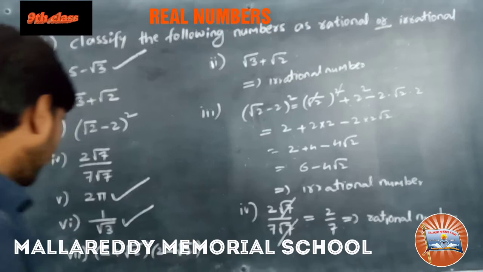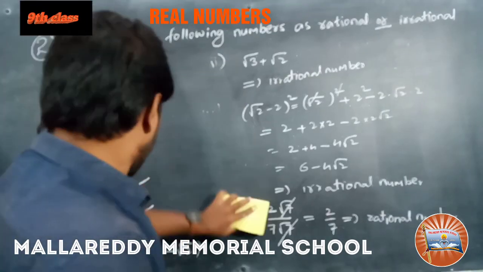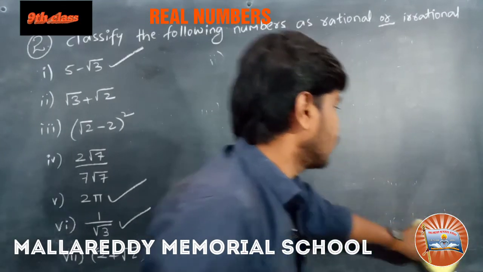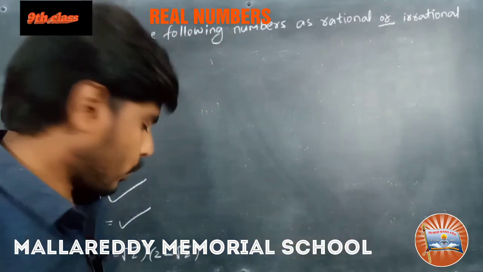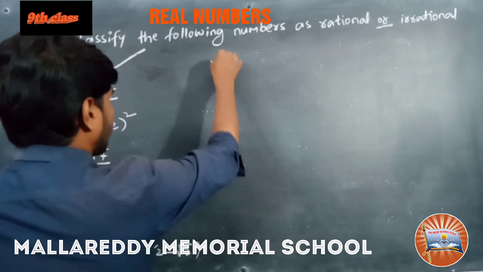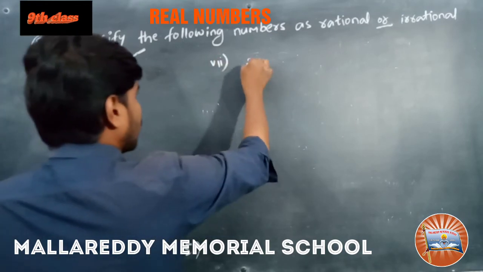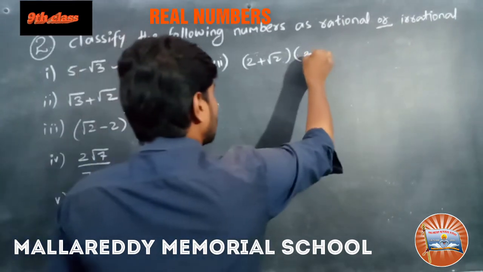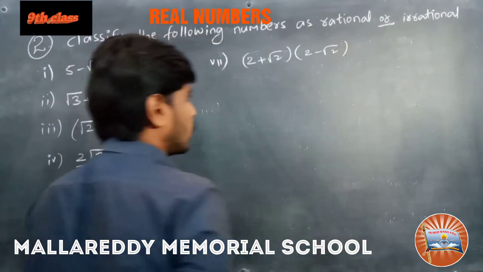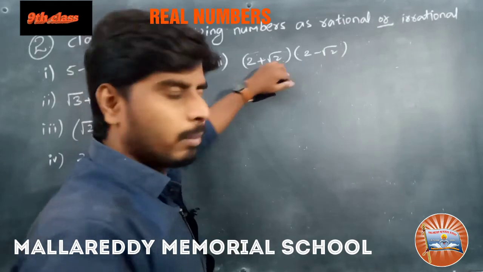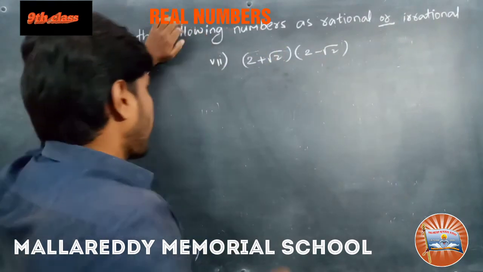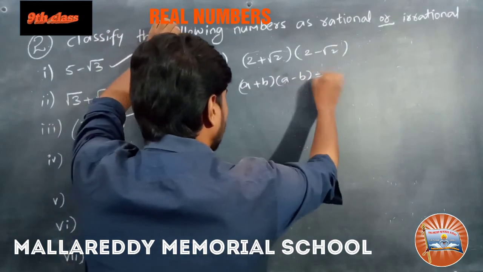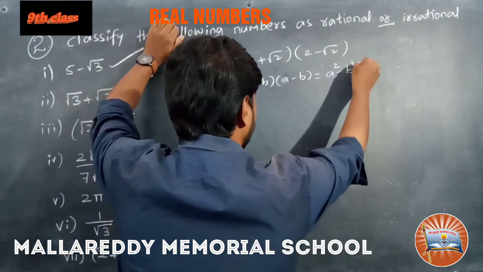Next, the final one, the seventh one. What is the given question? 2 plus root 2 into 2 minus root 2. It is in the form of (a plus b) into (a minus b), which we can write as a square minus b square.